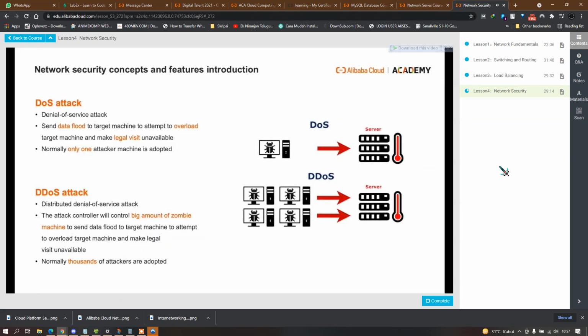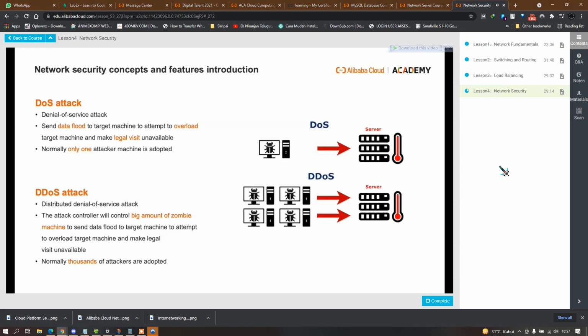Okay, when talking about network security, there is an attack that we must mention, which is the DoS attack and the DDoS attack. So firstly, let me explain what the DoS attack is. The full name for DoS is denial of service attack. This kind of attack will send a data flood to the target machine, to attempt to overload the target machine and make legitimate visits unavailable.